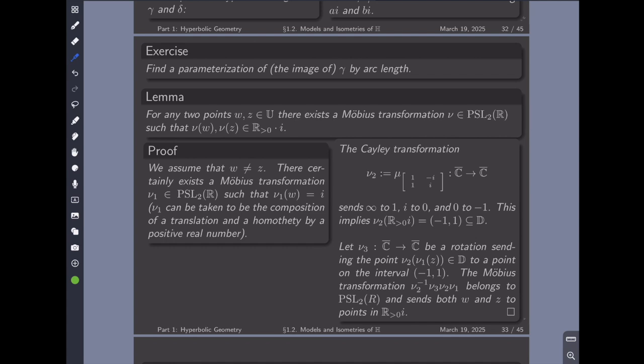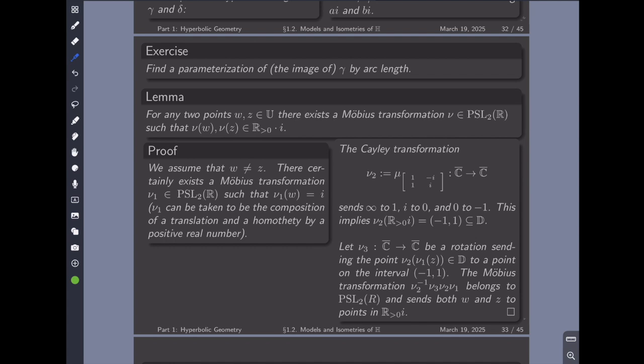Well, what I want now is to be able to say, if you give me 2 points in U, there is a Mobius transformation that places them vertically on the positive imaginary axis, because then I know that it's actually a Euclidean vertical straight segment, and then I apply the inverse, which brings this segment to a segment of circle.